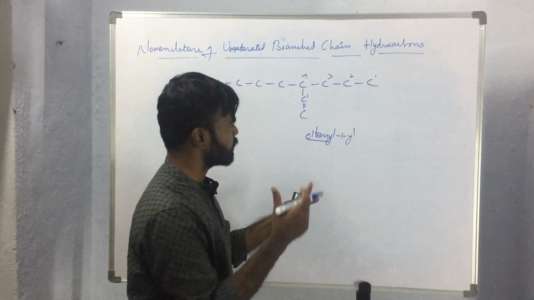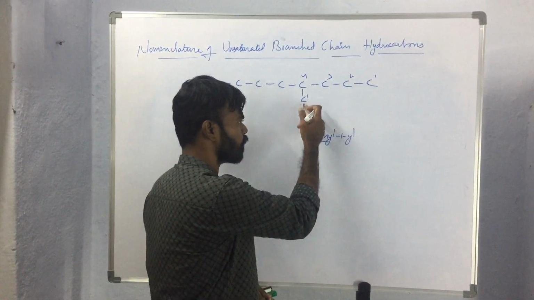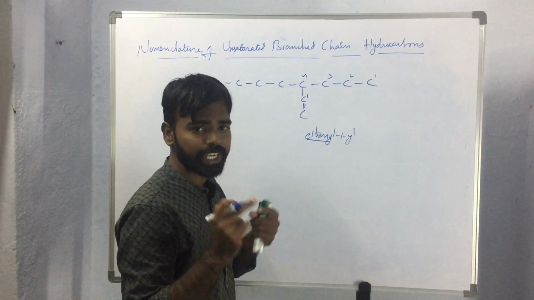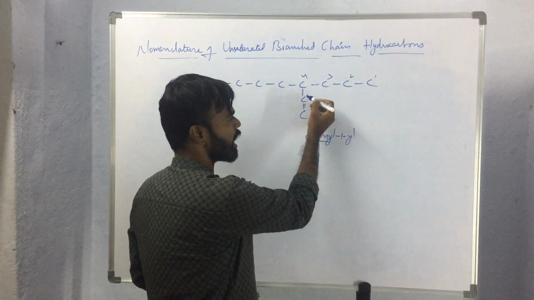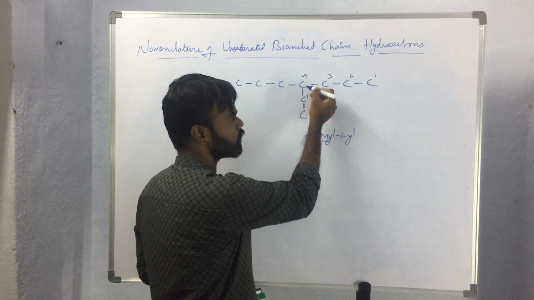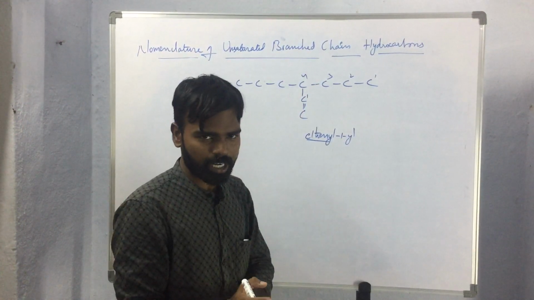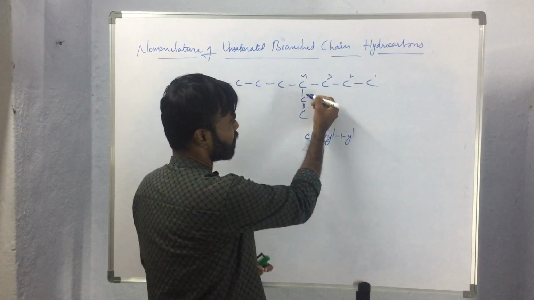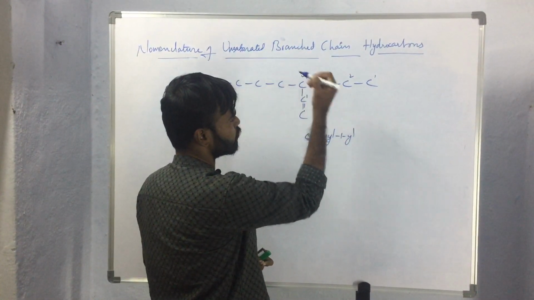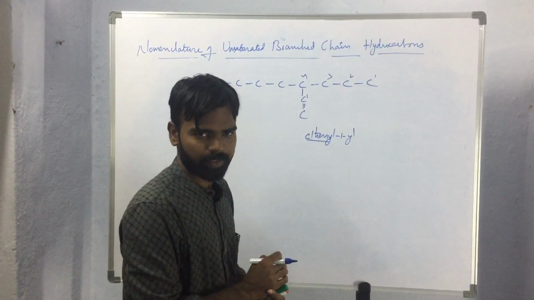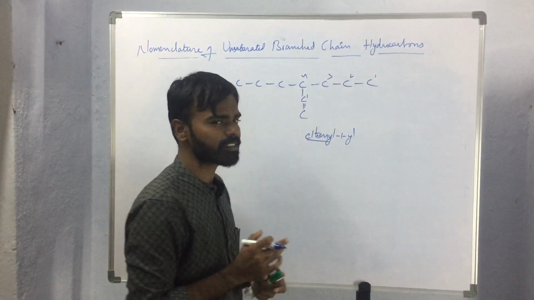No matter on which position this unsaturation is present, we always have to designate the carbon atom that is attached directly to the parent chain as the first carbon atom, that is, it should get the least possible number. We have to number in such a manner.